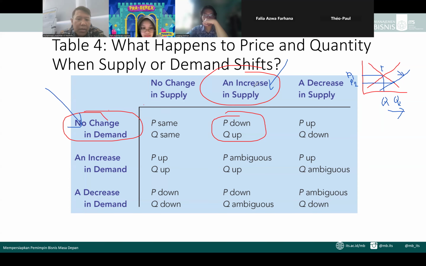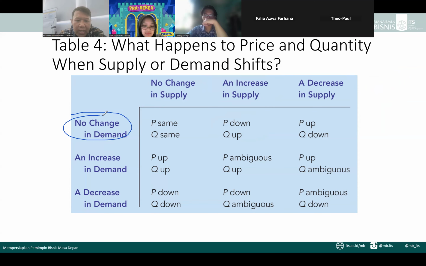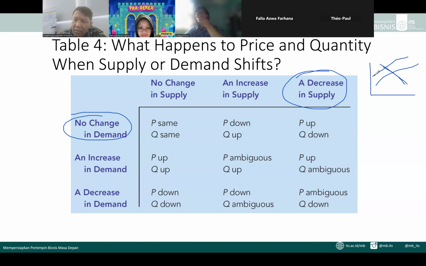Now, let's try to look at no change in demand, but a decrease in supply. This is demand, this is supply, and then we have a decrease in supply. So the supply decrease means shifting to the left, like this.